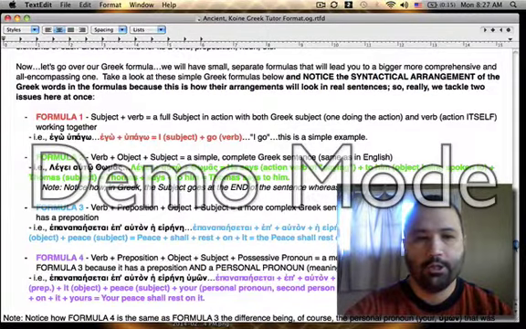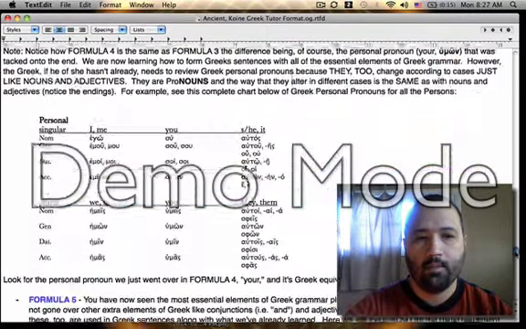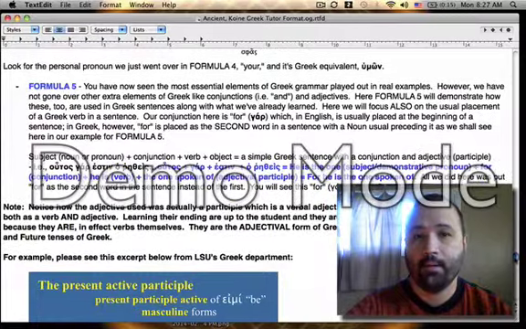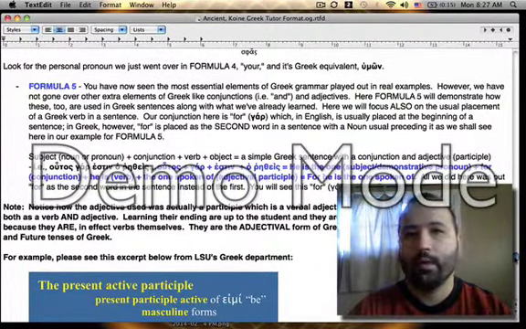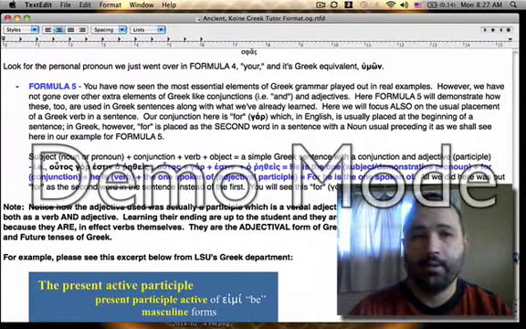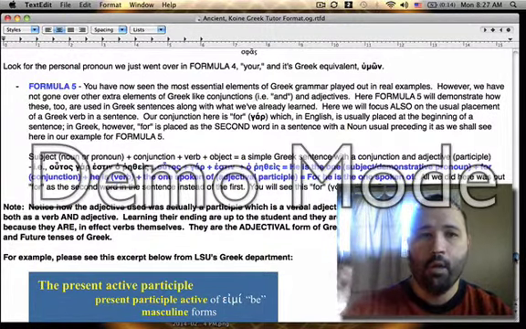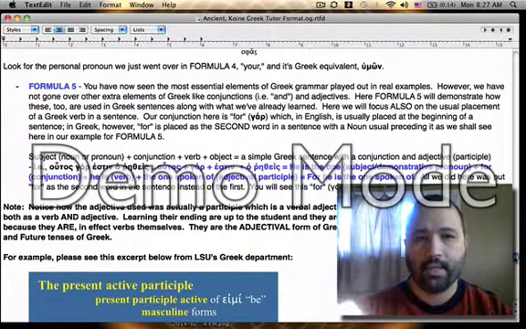And I showed you how all of that worked, which is, in my opinion, and according to the way I view Greek and my research, a very effective way for the Greek student to start forming sentences, because you go from a very simple sentence to a more complex sentence, and so on.